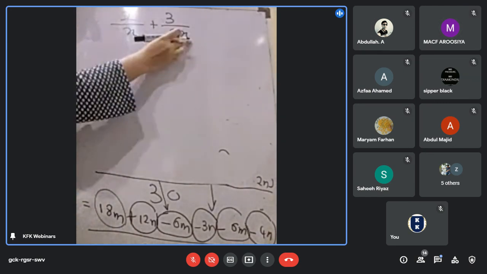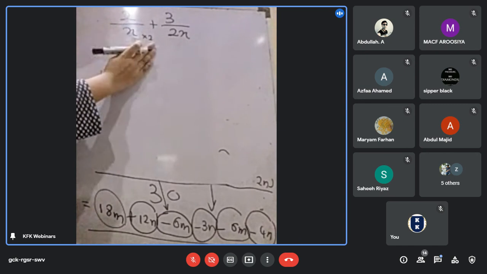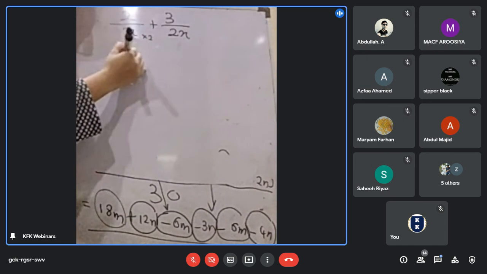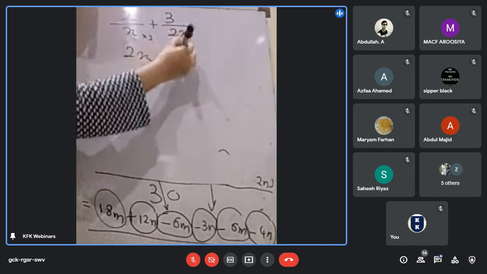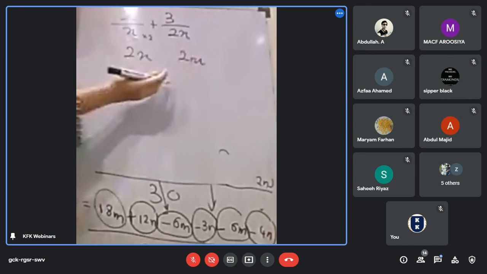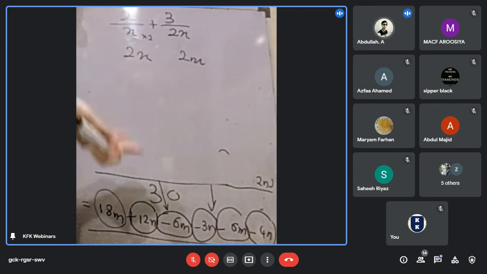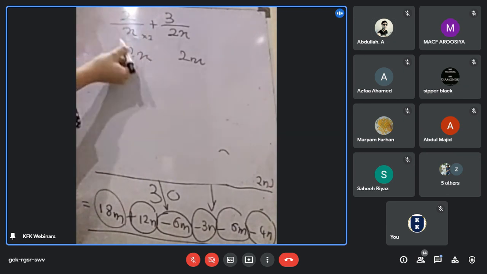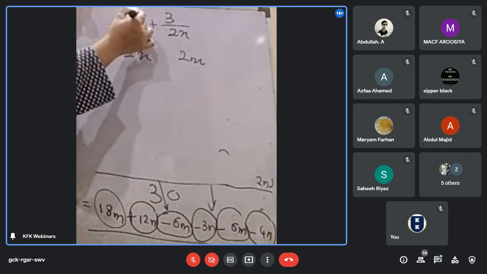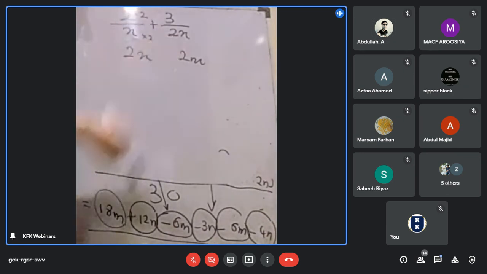So when you multiply this x by 2, this will become 2x, and this is also 2x. Now, haven't you made both the denominators the same? Yes. So if you multiply the denominator by 2, you multiply the numerator by 2. In this fraction, should you do anything?